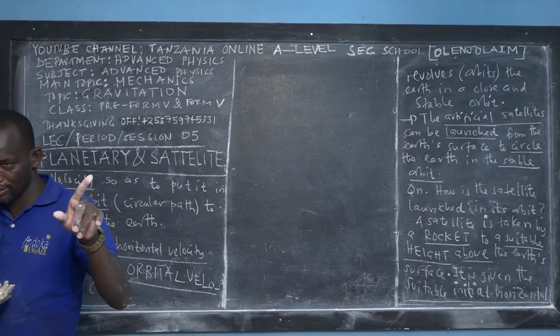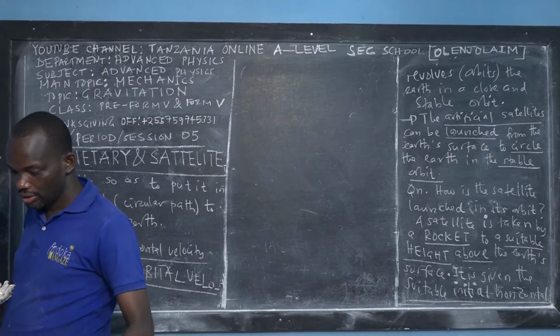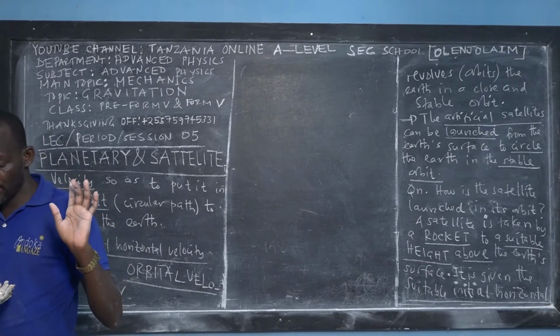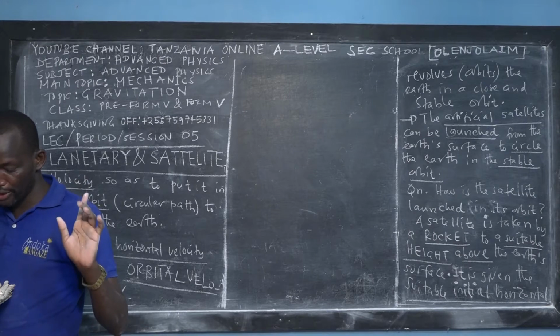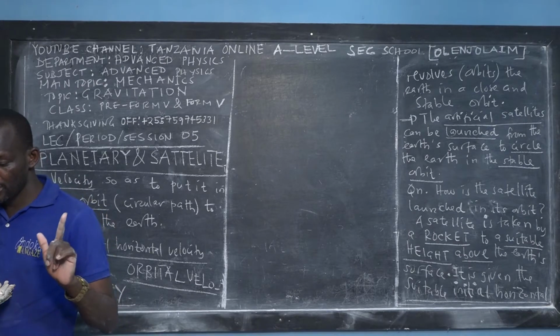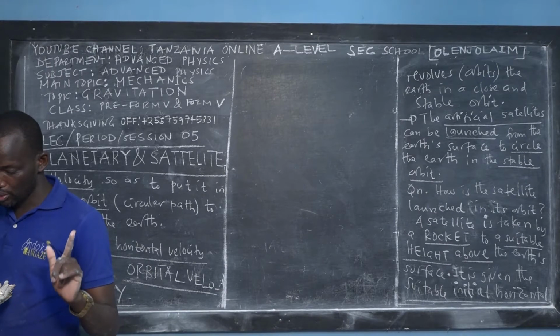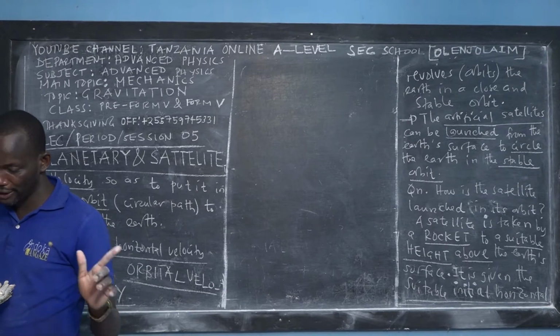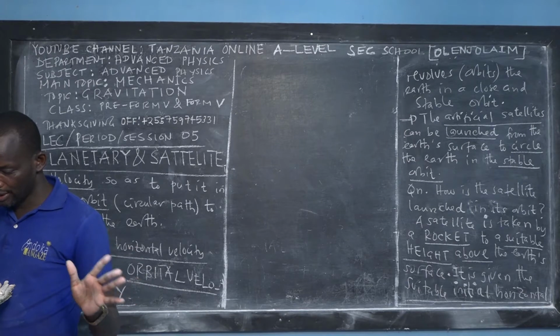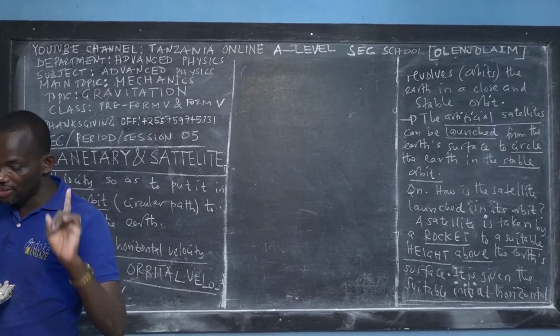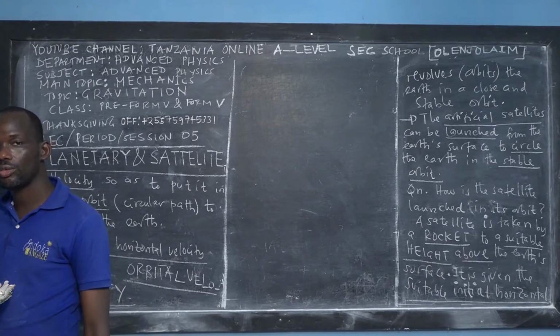Write it. This is dictation. If you can, pause, or you can repeat this video in order to get this definition. What is orbit? I want to know if you are listening or just playing the video.